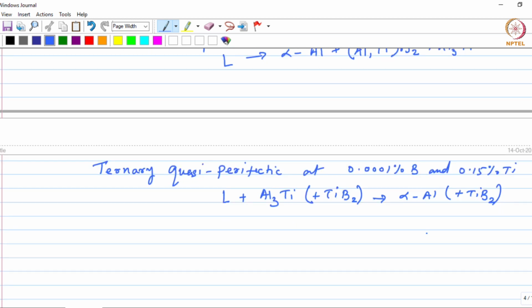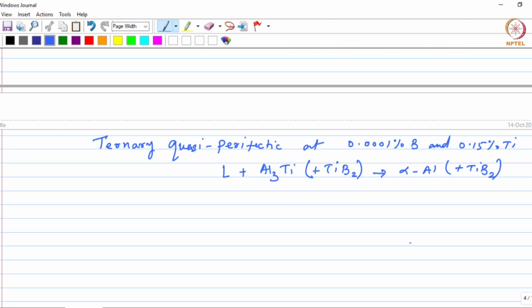And Al3Ti, we can see it is always there because, as we have discussed before, it has a low disregistry with aluminium. For TiB2, we have seen it was around 5.9%.